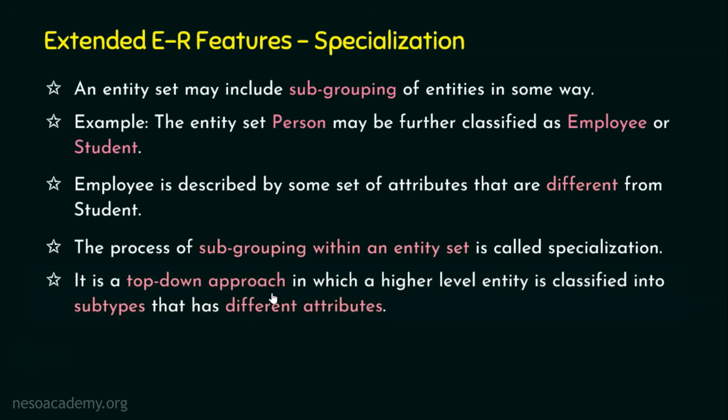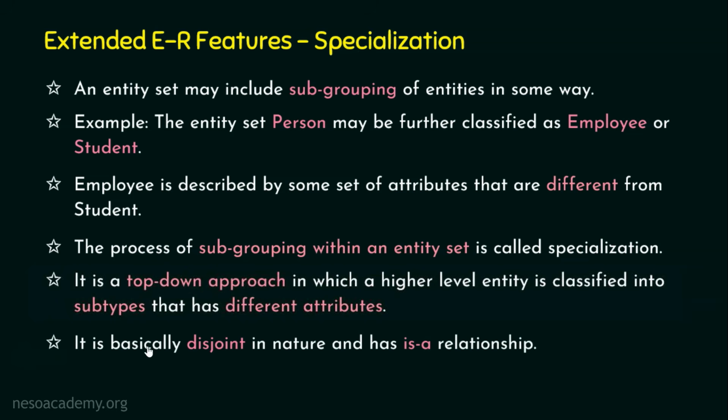And one more important point to note about specialization is that it is basically disjoint in nature. Disjoint is the fundamental requirement of a specialization extended ER feature. What do we mean by disjoint? I'll give you an example, then it will be easy for you to understand. When we talk about the entity person, it has subtypes or sub-entities.